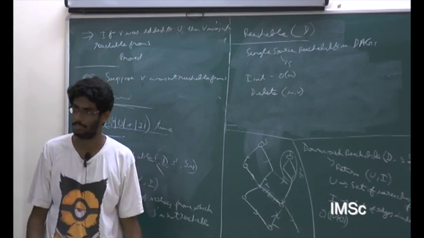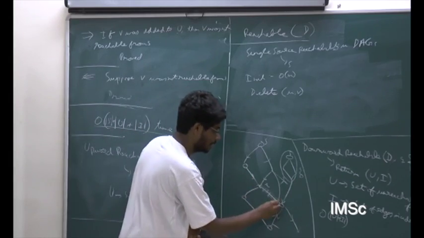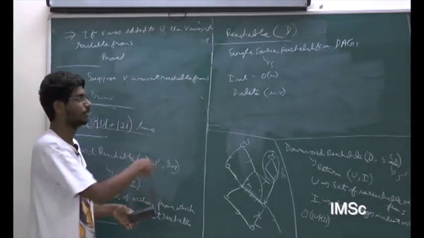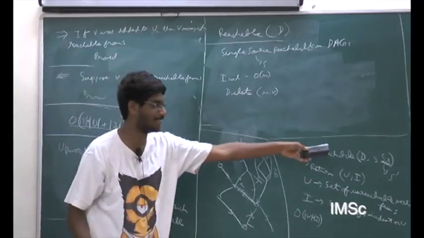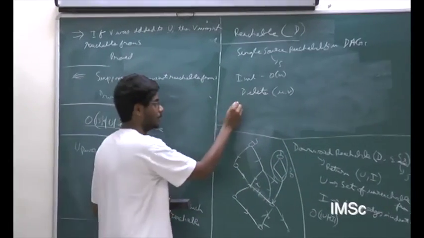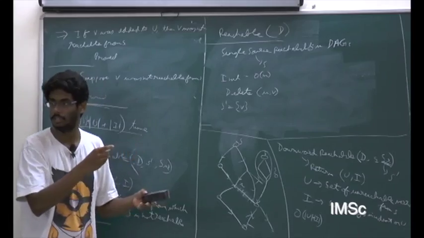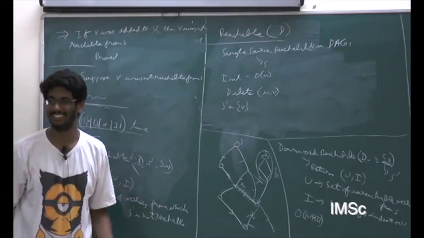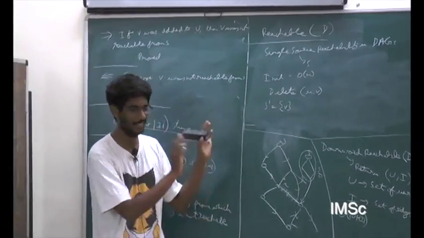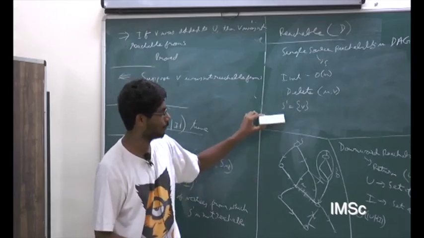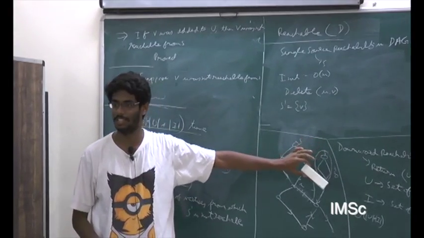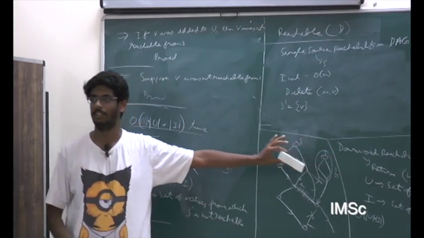V need not be a source, I could have some other edge like this. So it's not S, we have S prime. We set S prime to be v, and we call this subroutine.